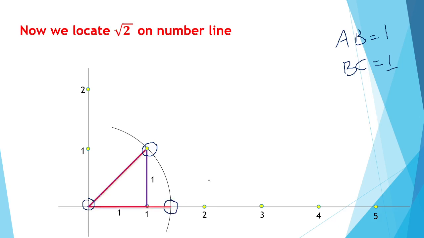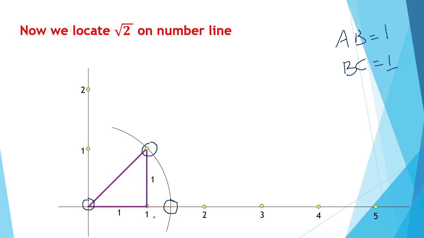Why? Because, observe here, we are keeping the compass in this place. It means we are drawing like this. We are taking the radius as, how much radius did we take? Root 2. This length is root 2 already. You know. So then this length is also equal.